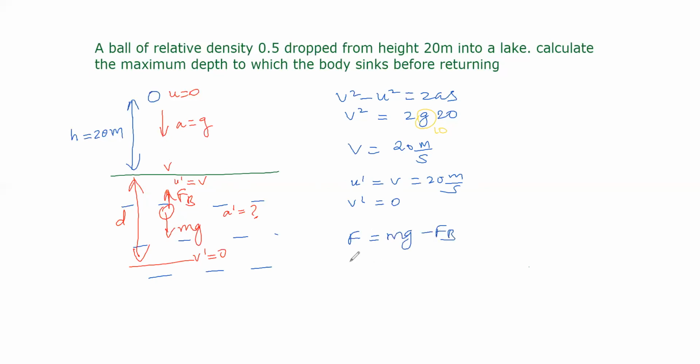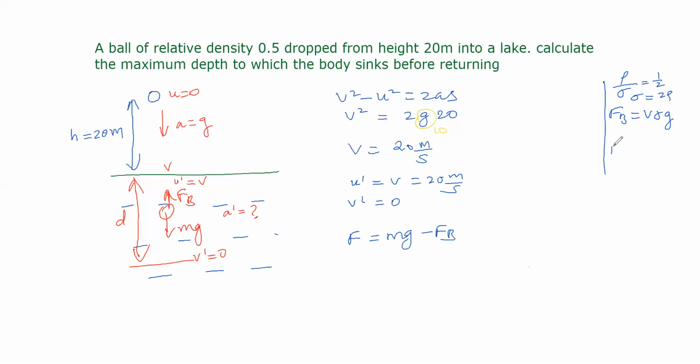The buoyancy force is equal to V into sigma into g, where sigma is the density of water and the density of the ball is rho. Density of ball by density of water is 1 by 2, so sigma is equal to 2 rho. The density of water is twice the density of the ball.